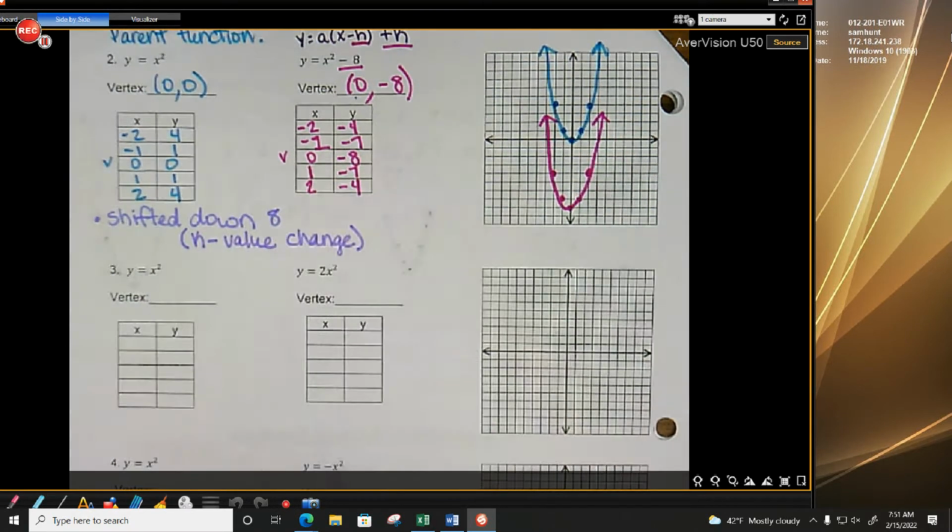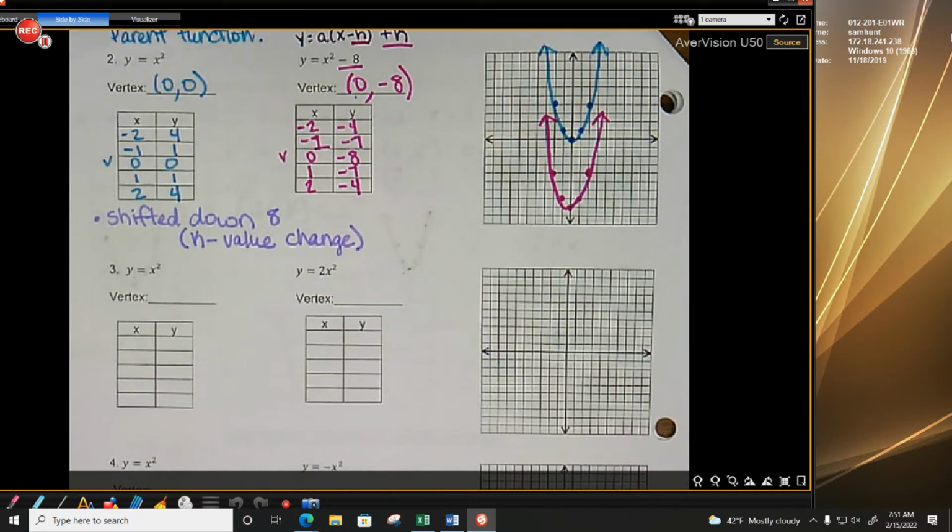If k is negative, you're going to shift down. If k is positive, you're going to shift up. Okay? Think just like on your coordinate plane. Negative numbers are down, positive numbers are up. So if k is positive, you shift up. If k is negative, you shift down. Good?